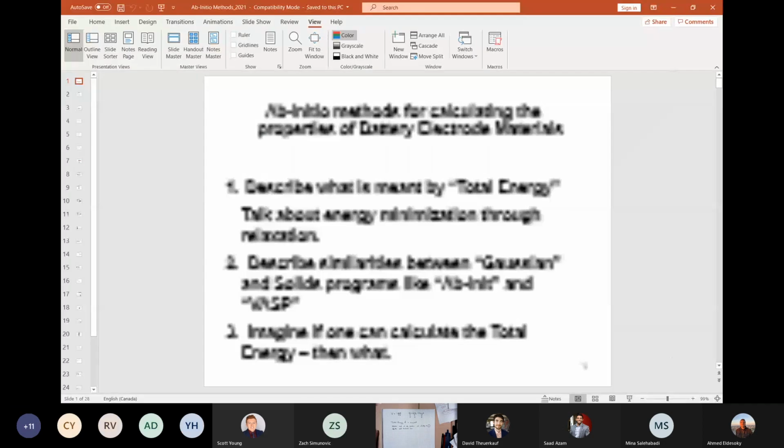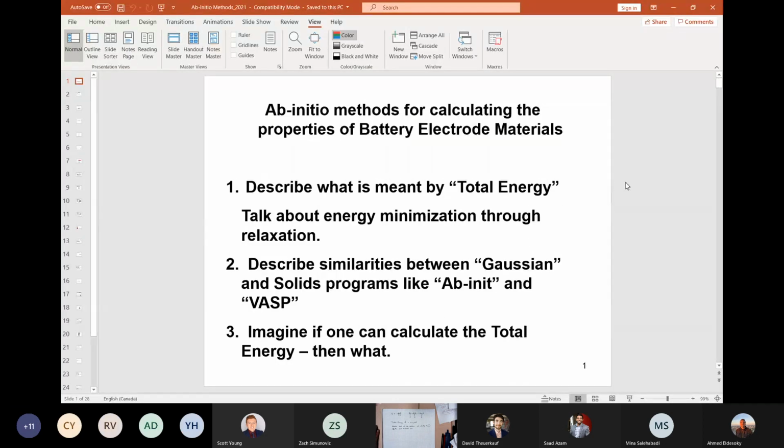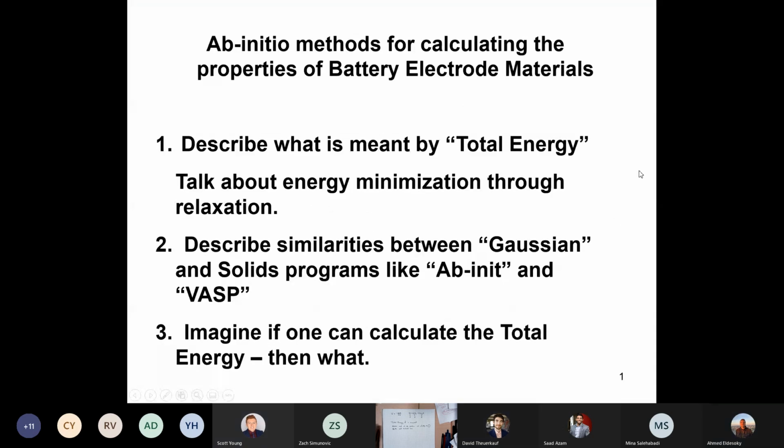What is going on here? Okay, I don't know. Can you see my PowerPoint now? Yes, I can see it. Okay, that's good. It sometimes takes me a long time to go back to the PowerPoint for some unknown reason.